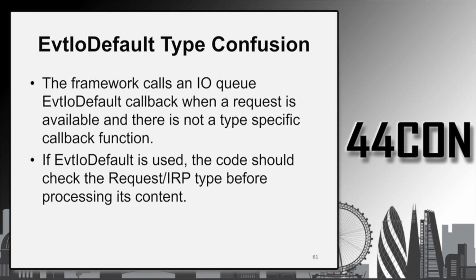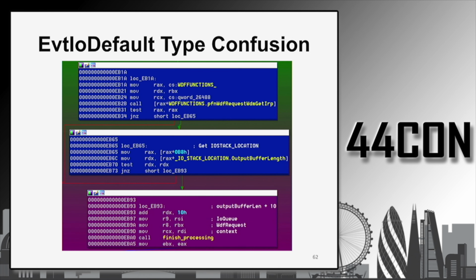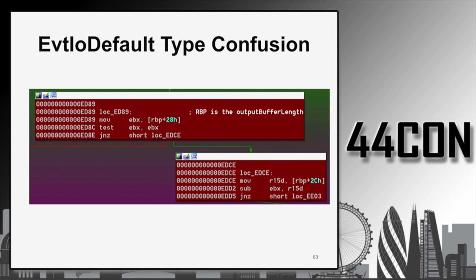So another thing that I saw is when using the EvtIoDefault callback, again, this is the callback that gets called by the framework when there's no other specific one set, for instance, for reading or writing. And what I saw once is a code path that got the IRP, got the buffer length, and just added 10, which was weird, and then called a function that I call finish processing, which then took the buffer length and referenced that plus 28.